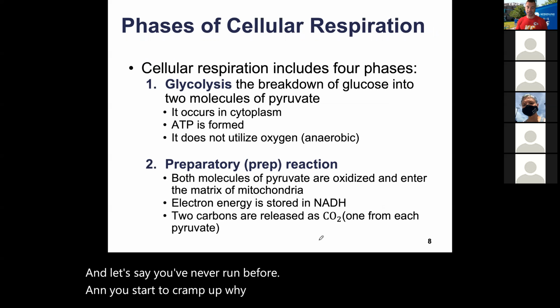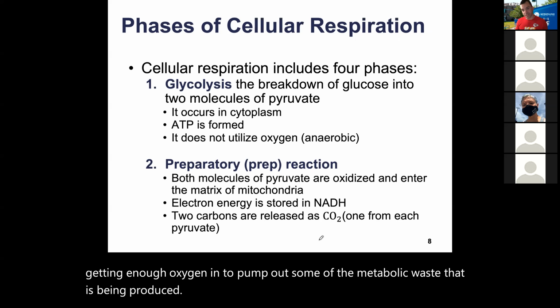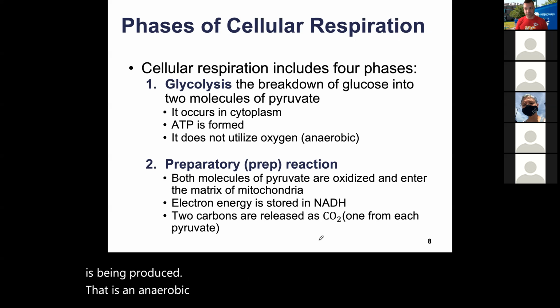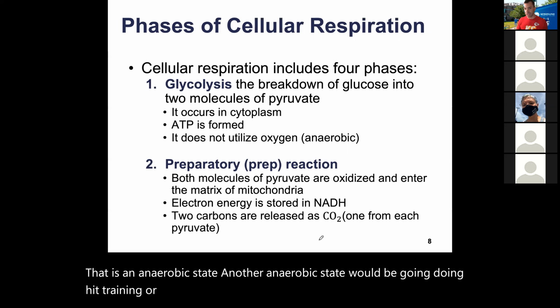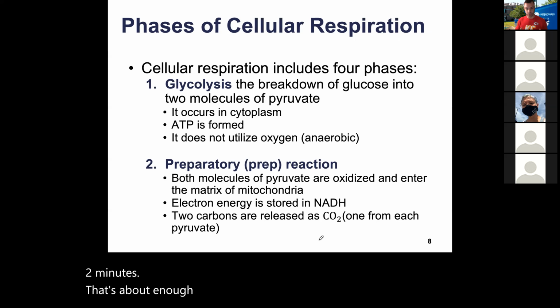Well, you're not getting enough oxygen in to pump out some of the metabolic waste that is being produced. That is an anaerobic state. Another anaerobic state would be doing HIIT training or Tabata training, where you go as hard as you can for about 2 minutes. That's about enough time for the anaerobic pathway to run its course and be exhausted.